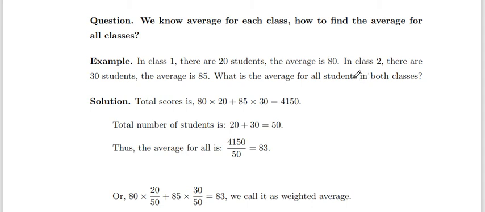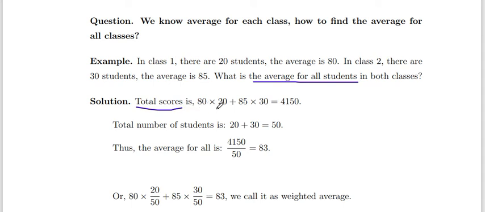Okay. Here, suppose we have 2 classes, each with its own average, and then put together. What is the average for all? This is a typical problem. We can find the total scores.